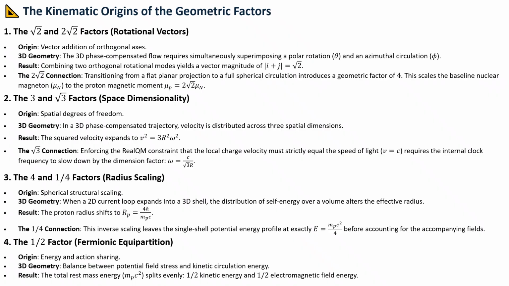Again, 3D phase compensated flow, as I call it, for a proton, requires simultaneously superimposing this polar rotation marked by the phase theta and an azimuthal circulation, for which we write the phase as, what's the Greek letter there again?